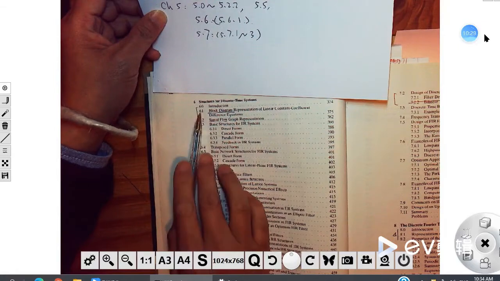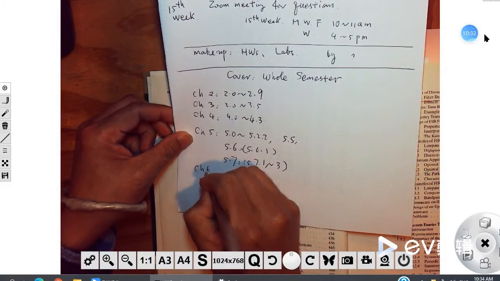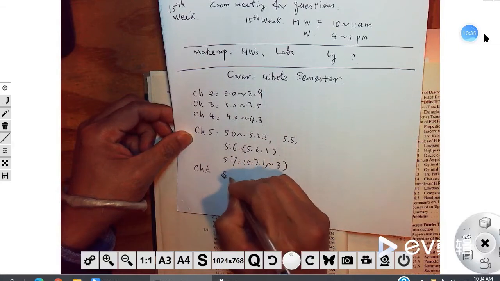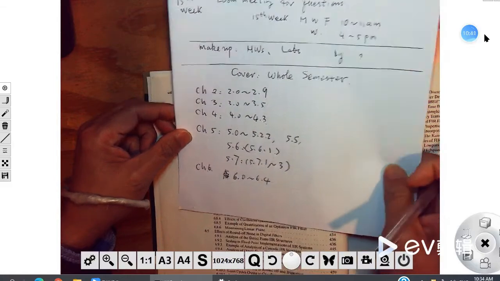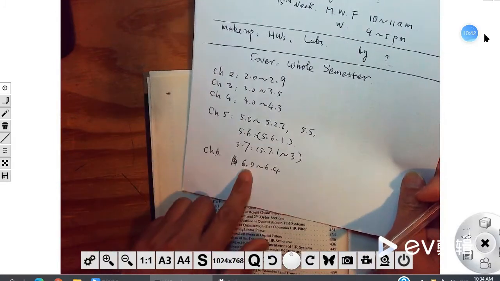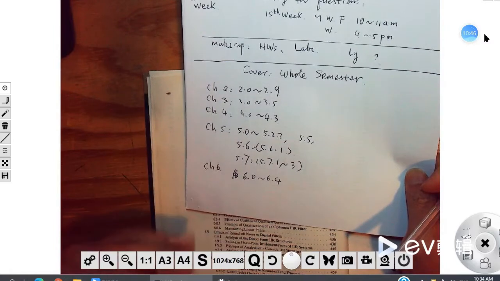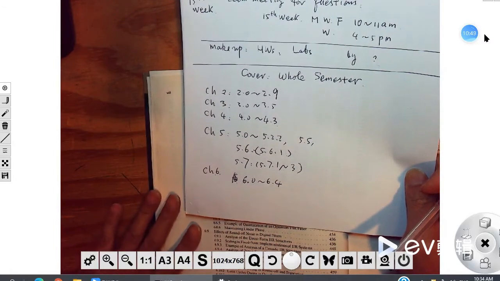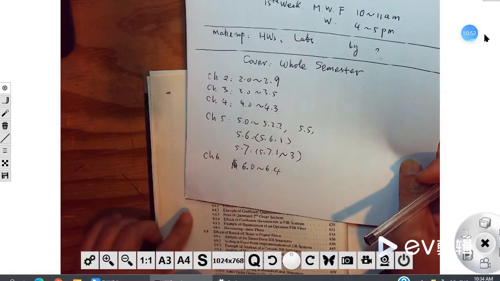So we have sections 6.0 to 6.4. The .0 is just the introduction. For every chapter, if you are interested, you can read it to know more about the background, but you can skip it. If you just consider the exam, they are not important.